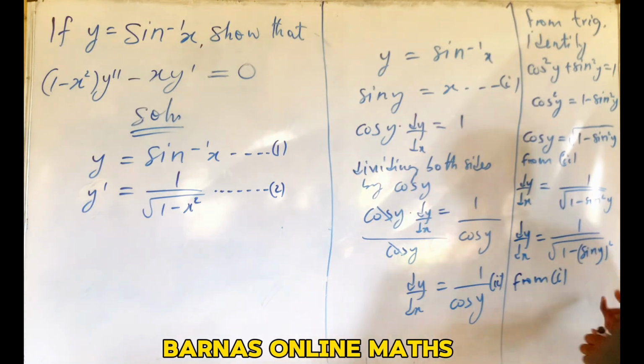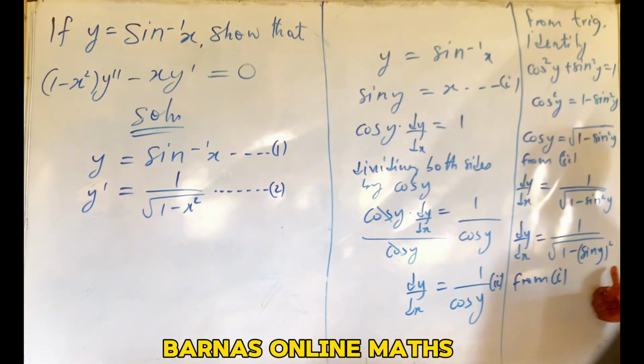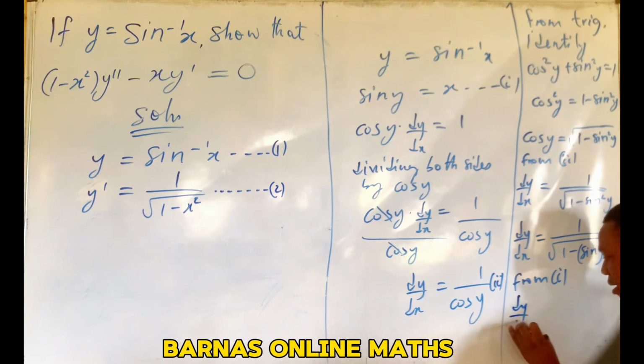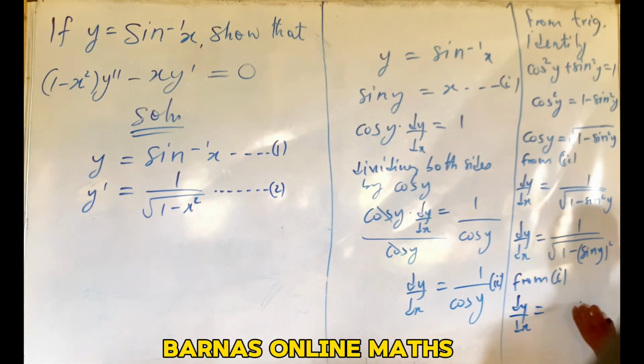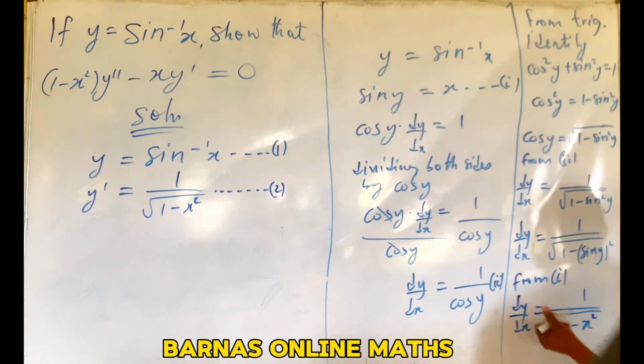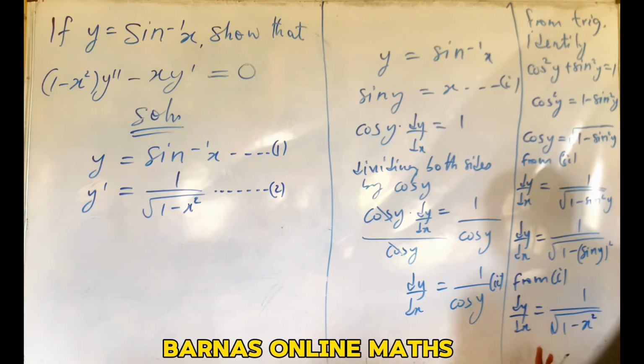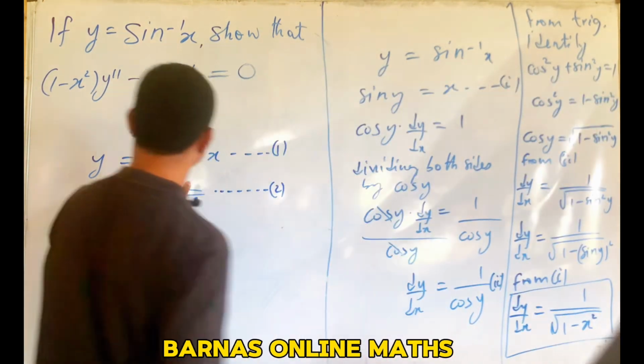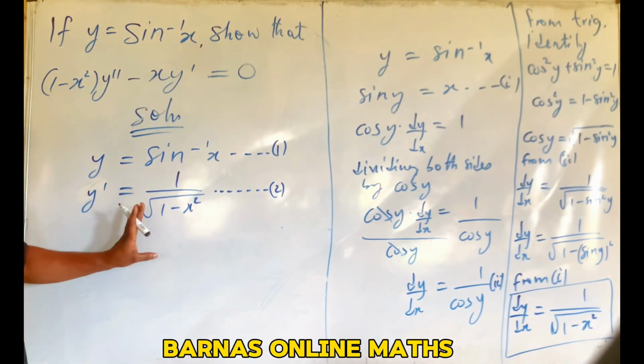Therefore, we substitute for sin y here. So dy/dx equals 1 all upon the square root of 1 minus, instead of sin y, we have x. Remember, it's squared, so we square it. This is the same thing as y prime. So that is why the derivative of sine inverse of x becomes this.